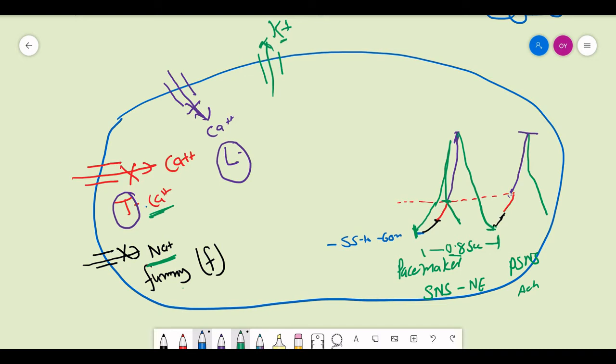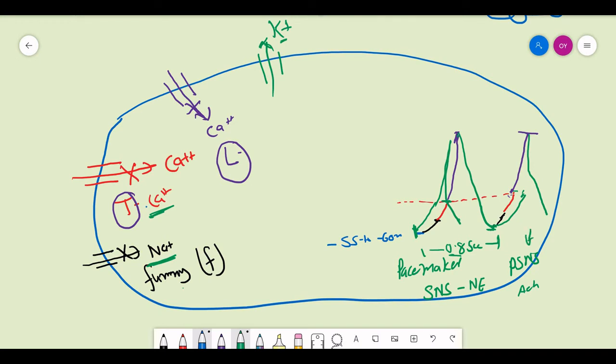Because of this neutralization by efflux of potassium, the membrane potential will reach the threshold slowly, and that will decrease the frequency of action potential. The duration from one action potential to another will be more than 0.8 second, and heart rate will decrease.